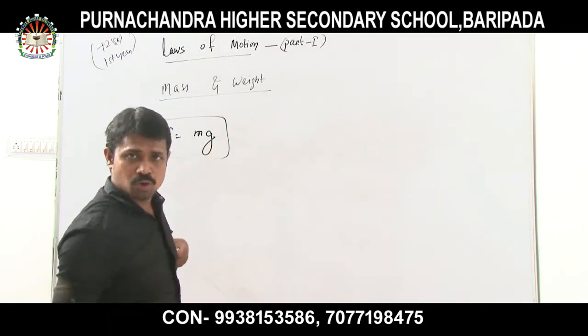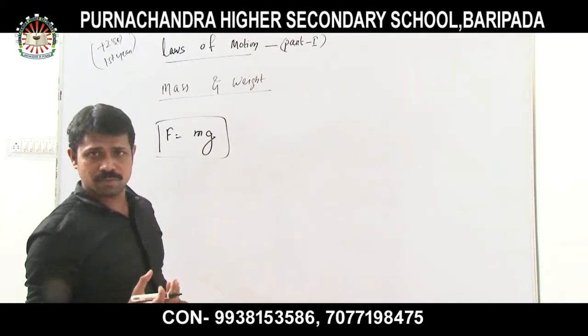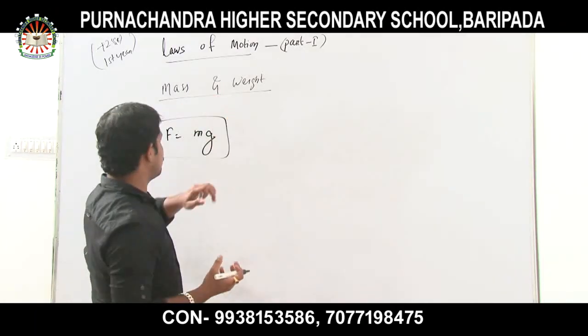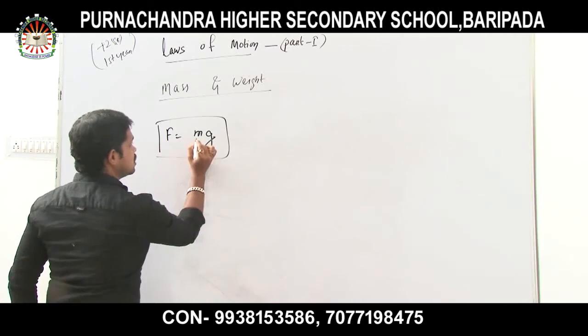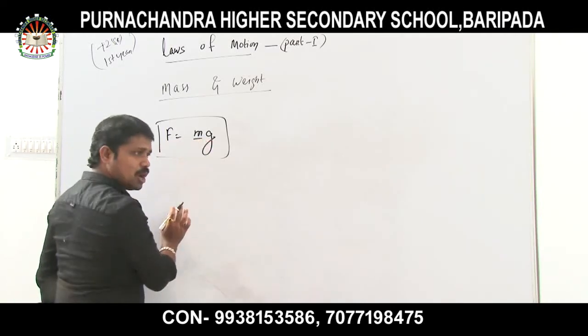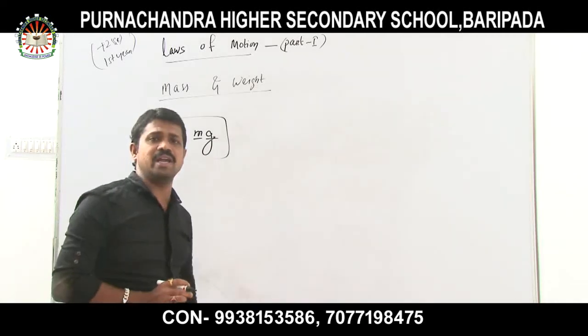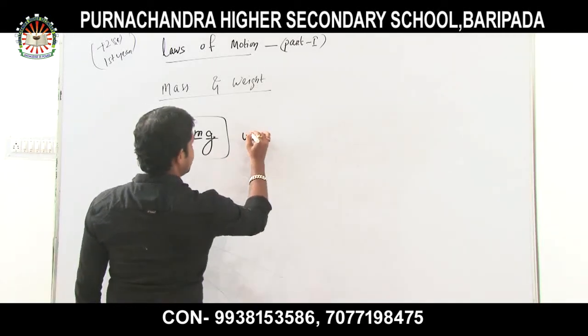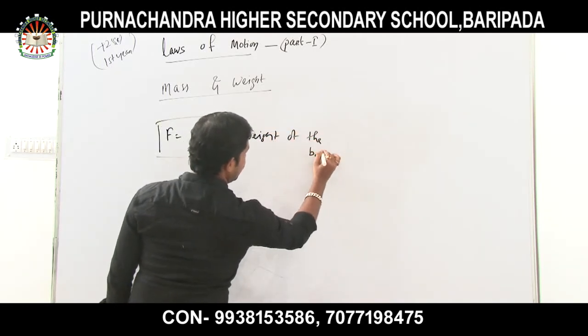So weight is a force. Clear? Weight is nothing but a force. So don't confuse mass and weight. This is the product of the mass of the object or body, and g is the acceleration due to gravity. So F is equal to mg is nothing but the weight of the body.